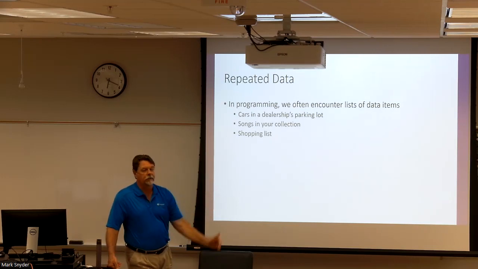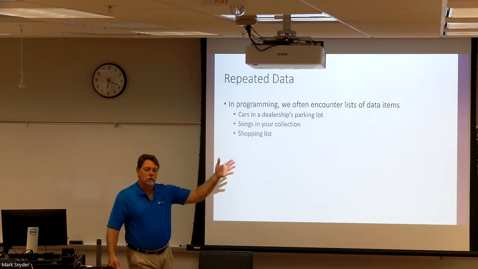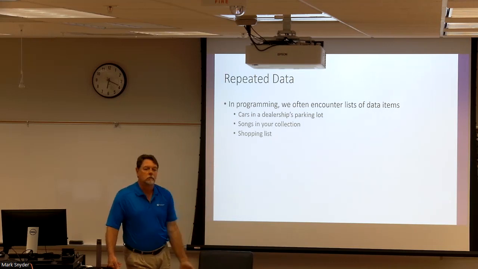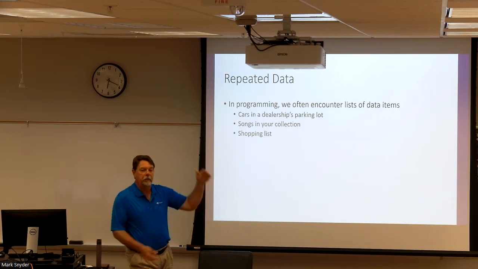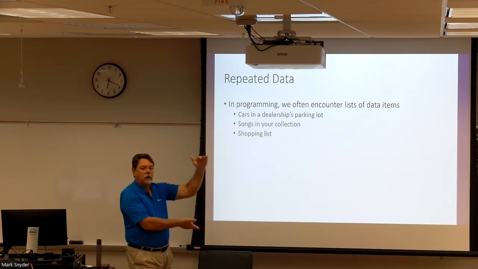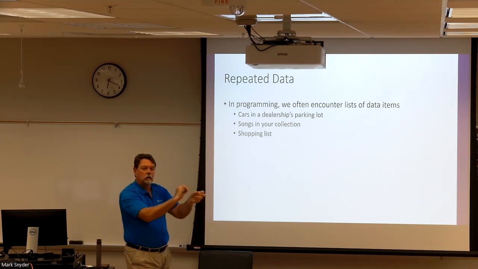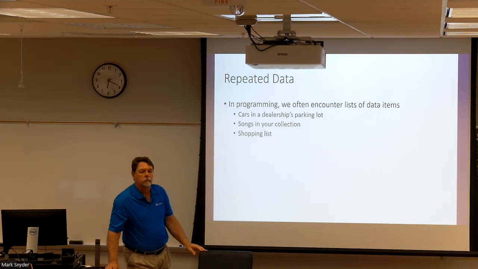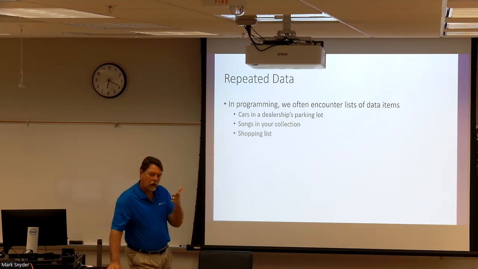But if I have a list of cars, would they be the same type of data with different values, or would they be different types of data? Same data with different values. Yeah, I would probably nod to that. Yes, they're going to be the same kind of data, but different values for each one of them.